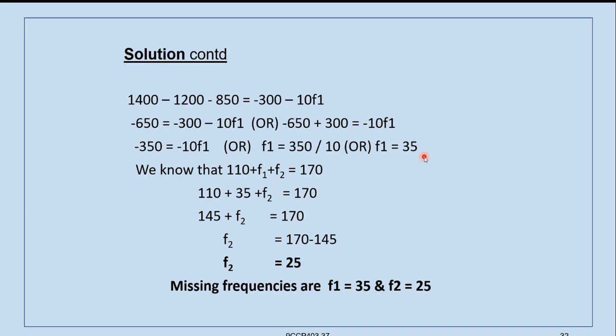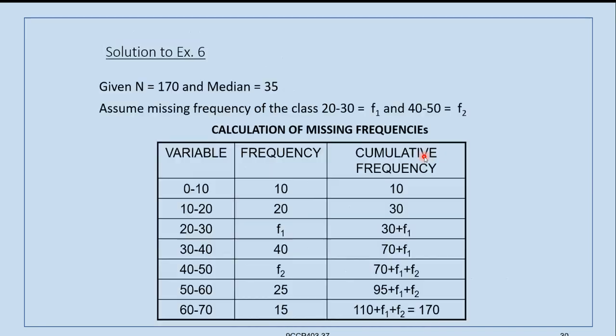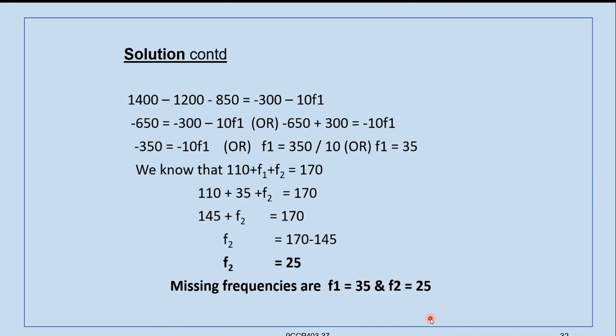So we know that 110 plus f1 plus f2 is equal to 170. The same is written here. Substituting f1, 110 plus 35 plus f2 is equal to 170.